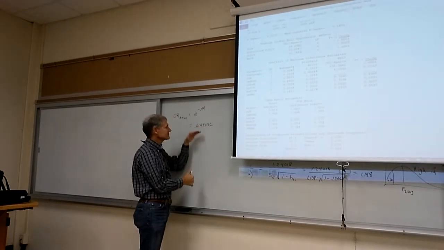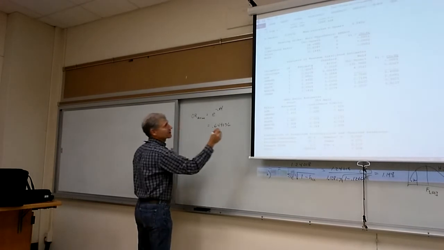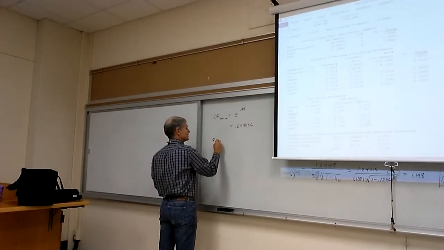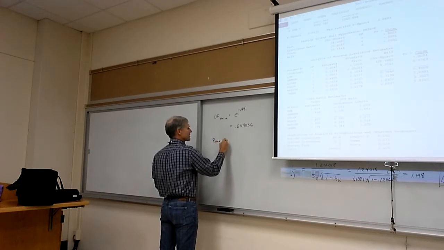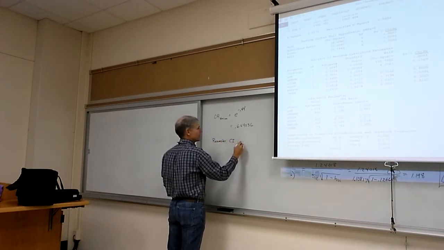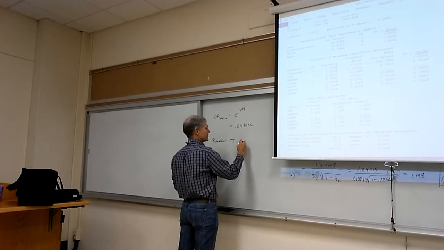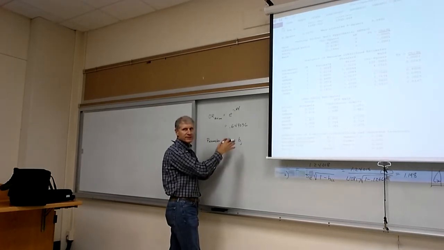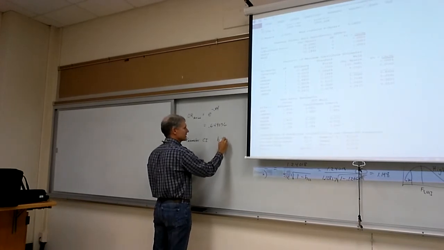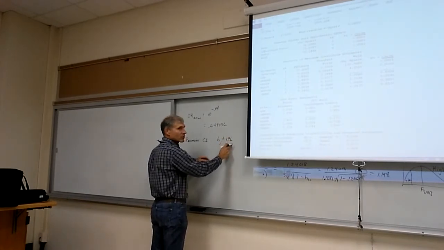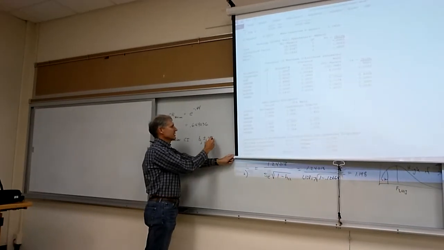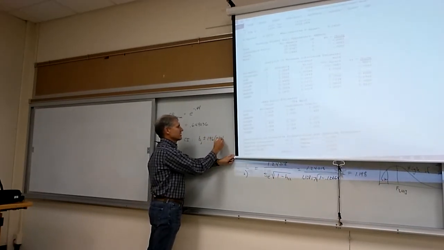So the parameter confidence interval is B sub j, whichever one you're doing, plus or minus 1.96 or whatever per confidence level, but it's almost always 1.96, times the standard error of B sub j.